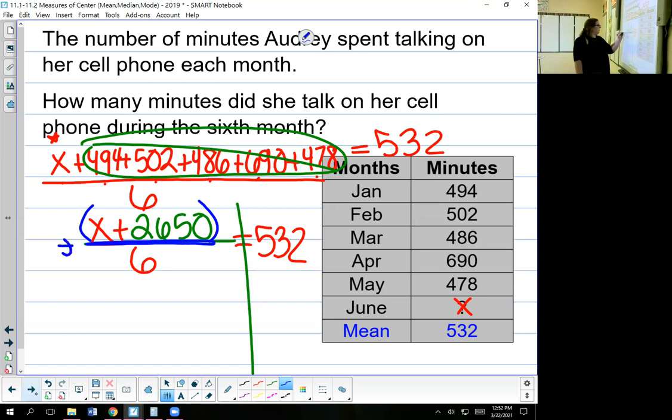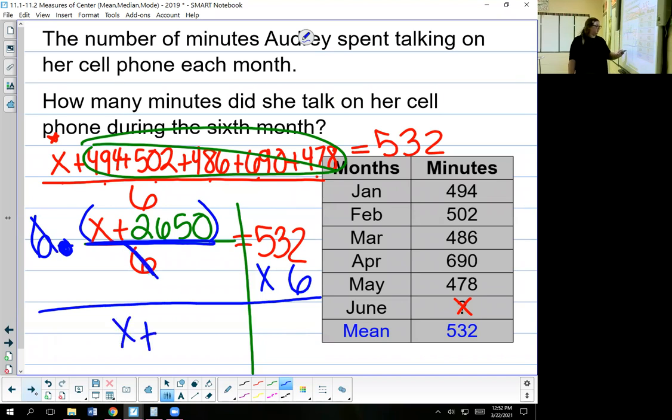I'm going to multiply this by 6. Whatever I do to one side, I'm going to do to the other. What happens is these go away. Now you're left with x plus 2650 equals what this is, 12. Or I could just do 532 times 6, which is 3192.